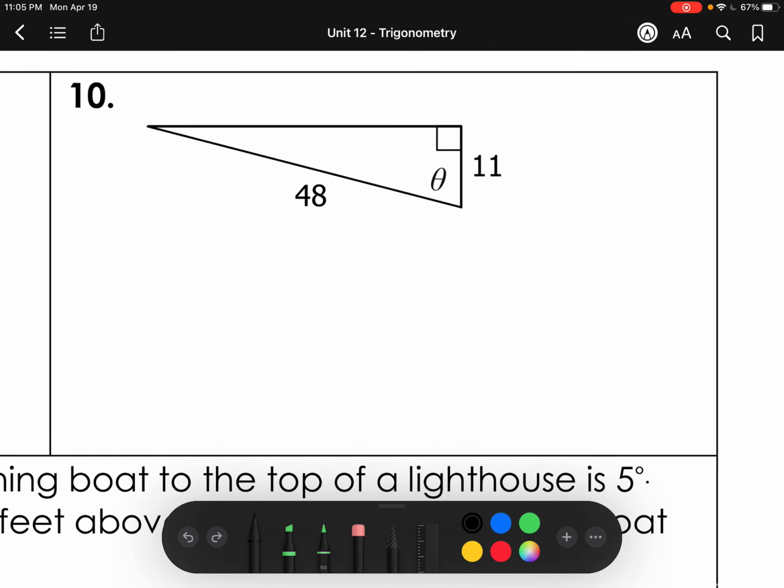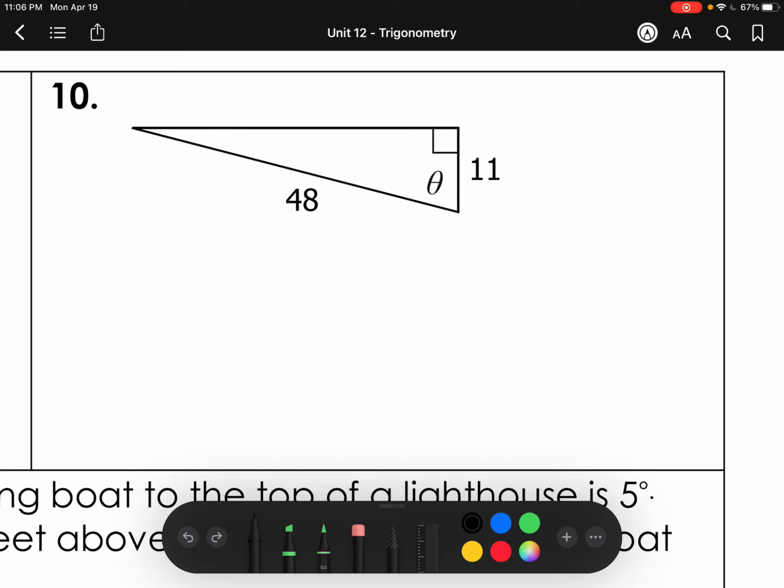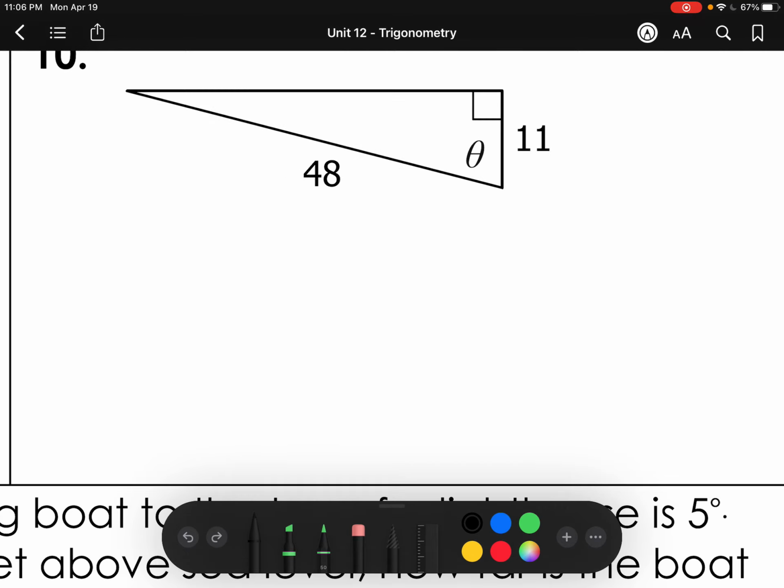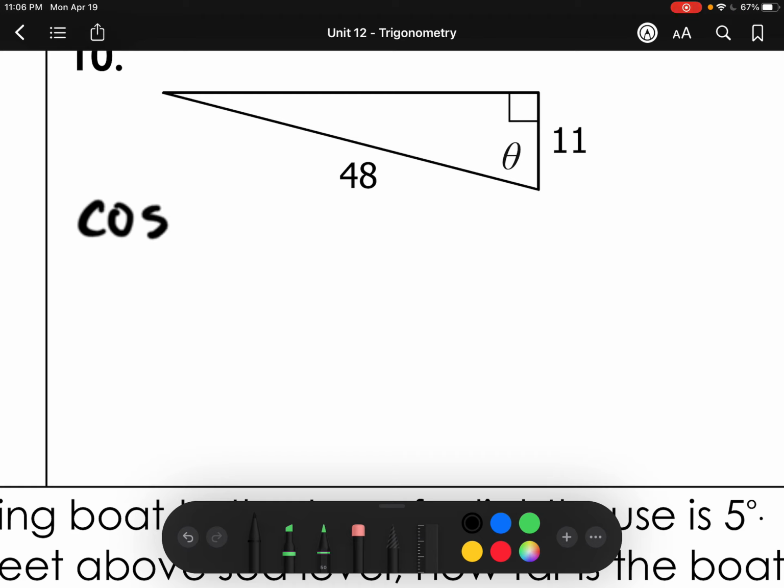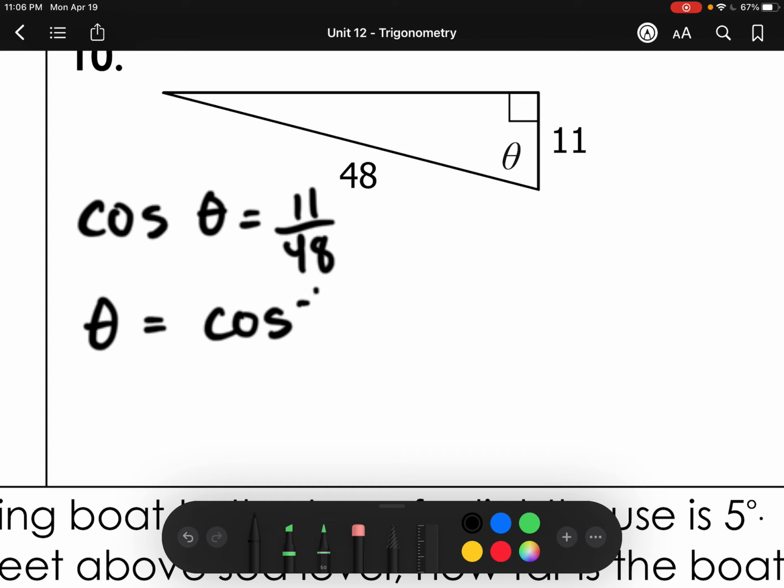All right, number 10. For number 10, we have theta right here. This is the adjacent side, and this is the hypotenuse, right? So adjacent over hypotenuse, that's cosine. So we get cosine theta is equal to adjacent, which is 11, over hypotenuse, which is 48. And then theta is equal to the inverse of cosine of 11 over 48.